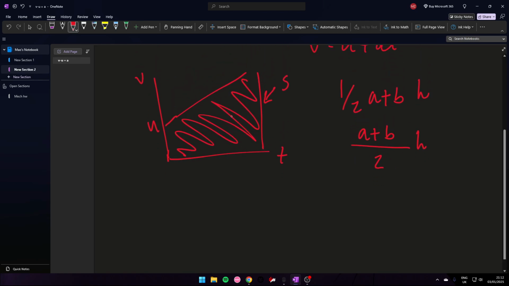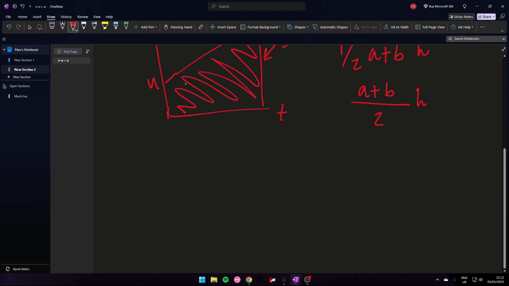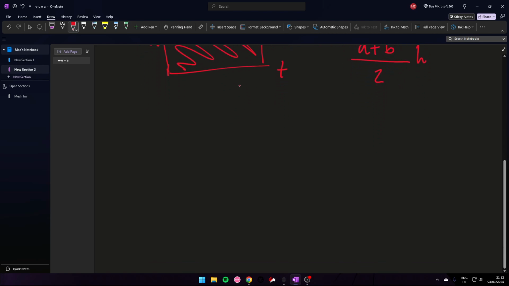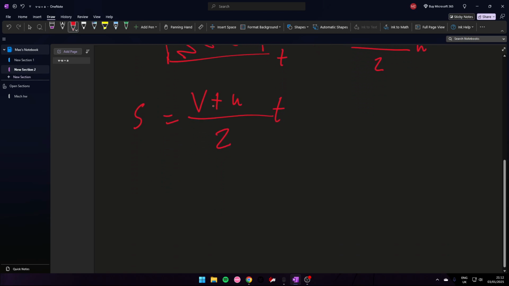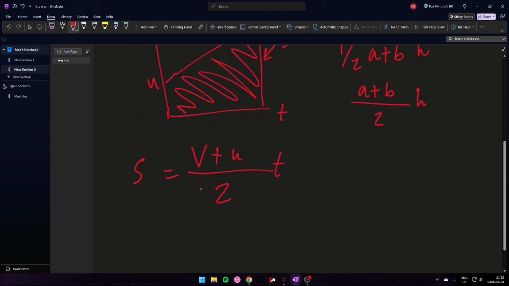Now we're going to use the same concept but with velocity and time. Now we have u plus v over 2 t is equal to s. That is the second equation.